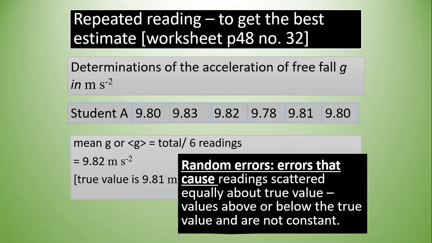Random errors cause the readings to scatter. Some are higher, some lower than the true value, so that's why we say scatter. They scatter equally about the true value. Some values are above, some below, but it's not constant. This one is below the true value, this is the true value, and this is above the true value.